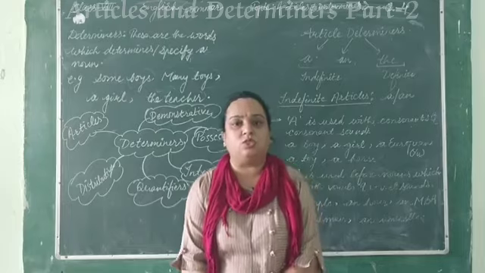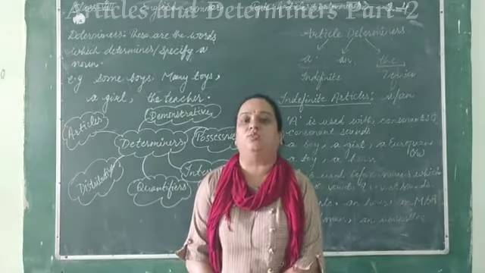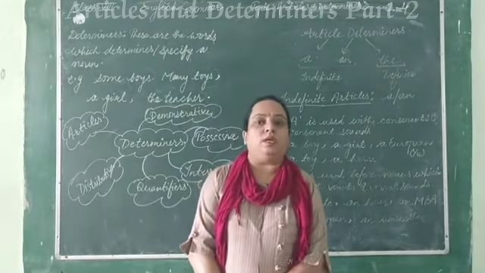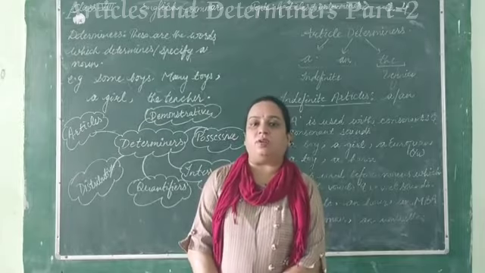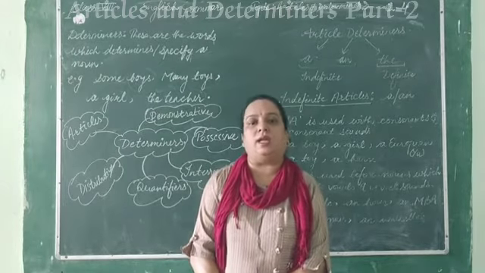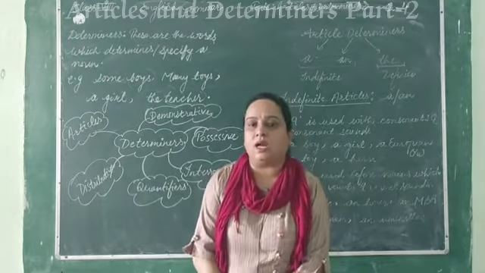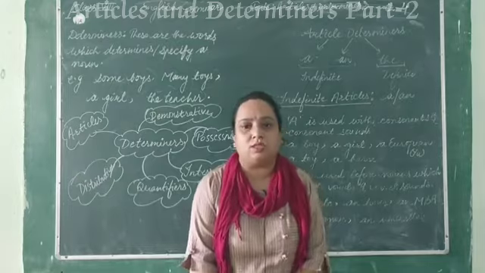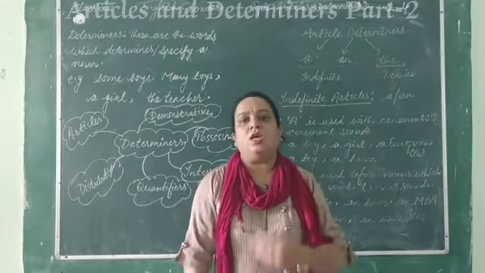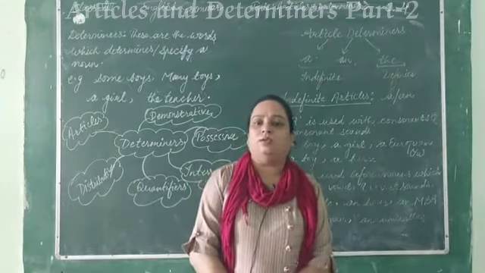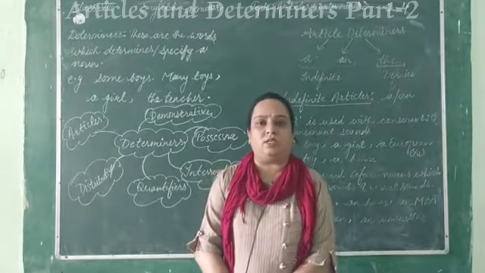We have some 5 to 6 rules that we will discuss in this video. Clear? You have studied articles since your junior classes, so you know where to use them, but let's have a quick revision.